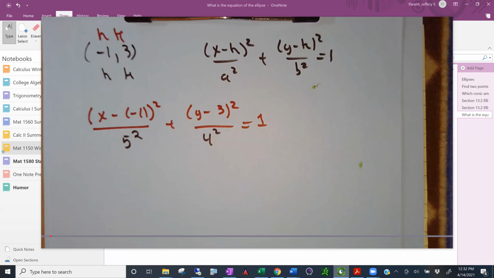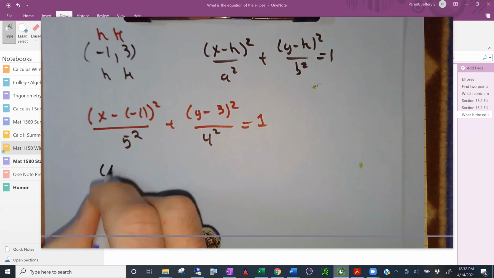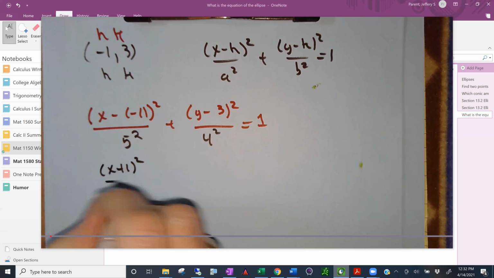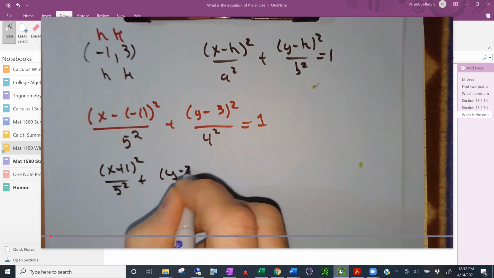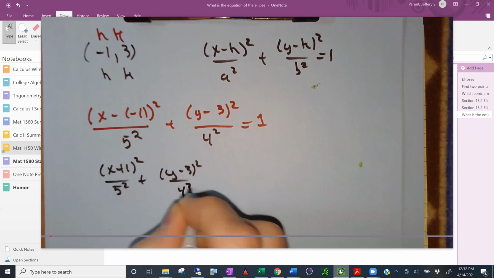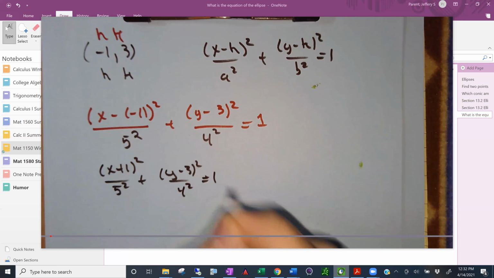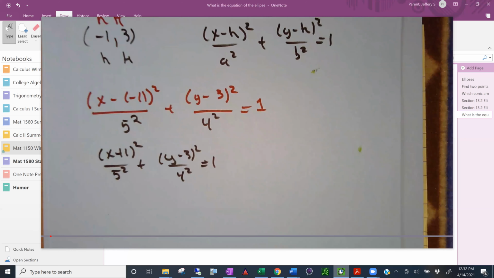I do have a small preference for you writing that as x plus 1 squared over 5 squared plus y minus 3 squared over 4 squared equals 1. I don't think WebAssign would mark you wrong if you handed it in like this. I'm sure that they would let that go.